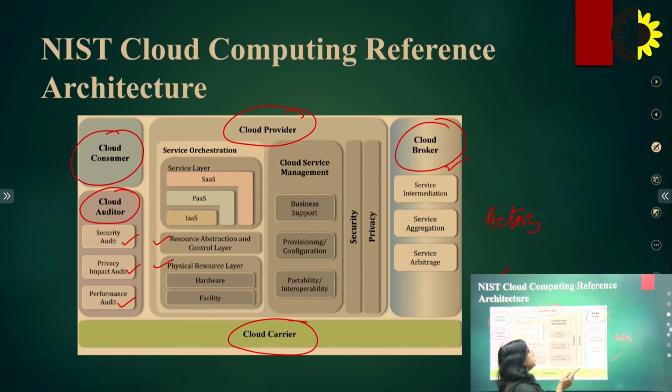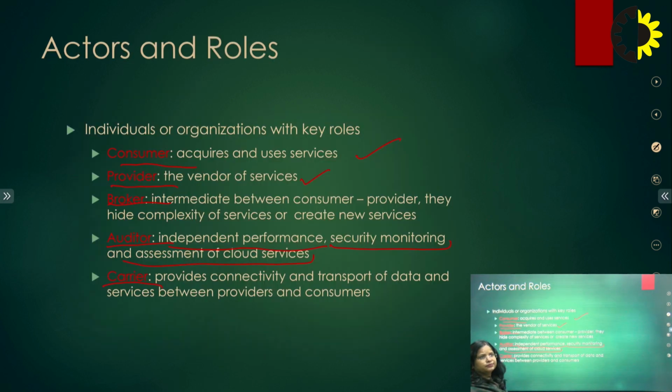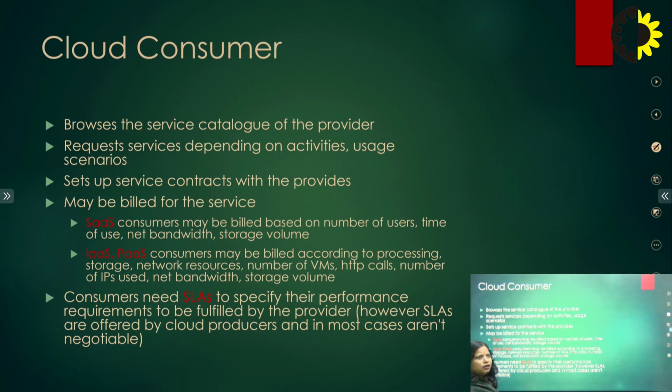The main tasks of the cloud broker are service intermediation, service aggregation, and service arbitrage. So these are the main functionalities of the cloud broker. Now we will discuss all these parts one by one.